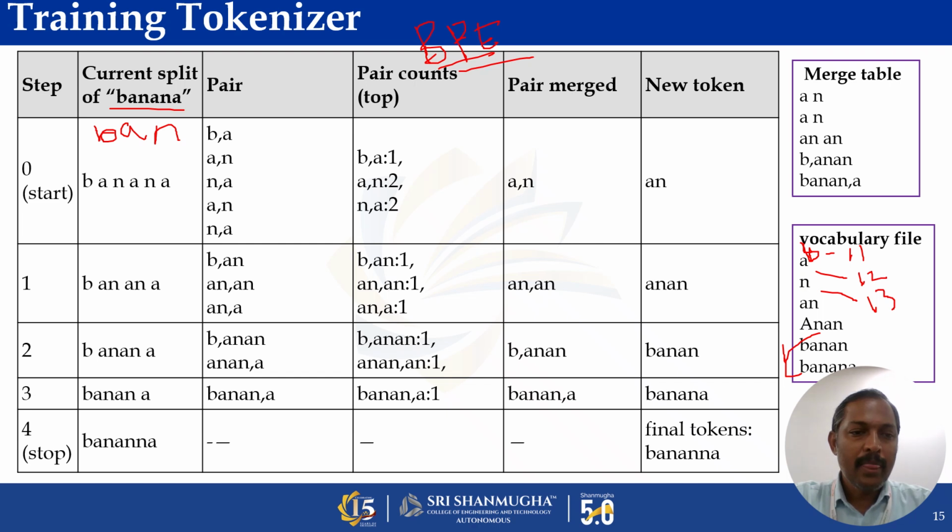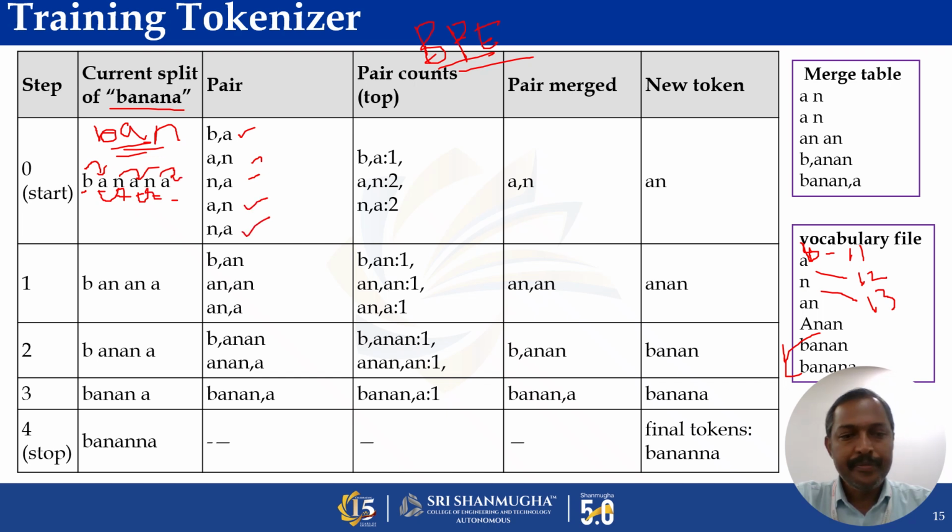Next, we need to find the pairs. For that, we write the letters separately and tag them pair by pair in sequential manner: BA one pair, next AN another pair, next NA another pair, next again AN, and finally NA.